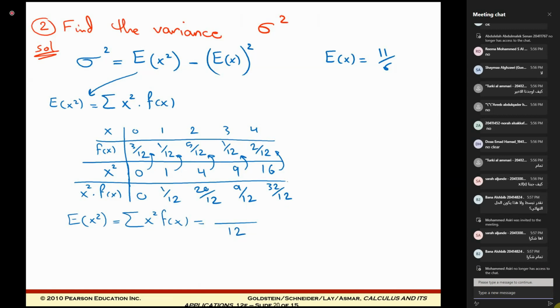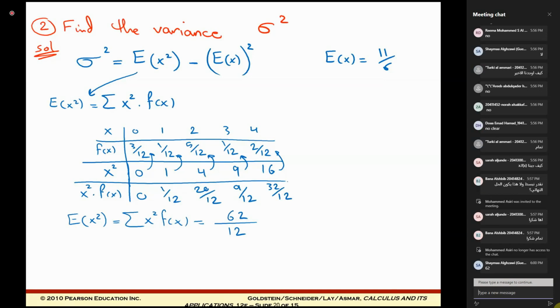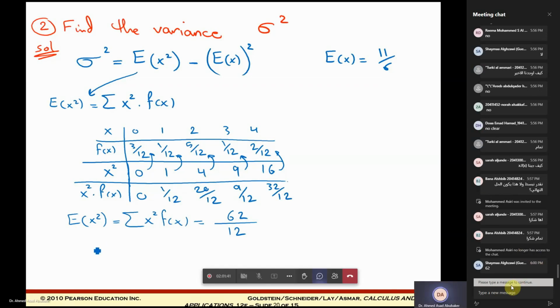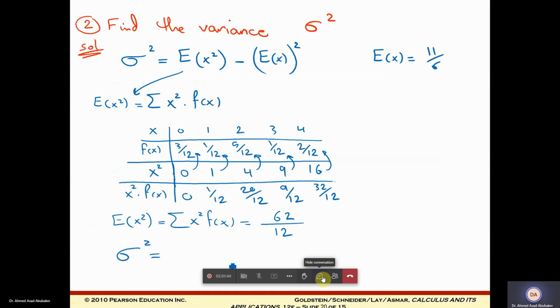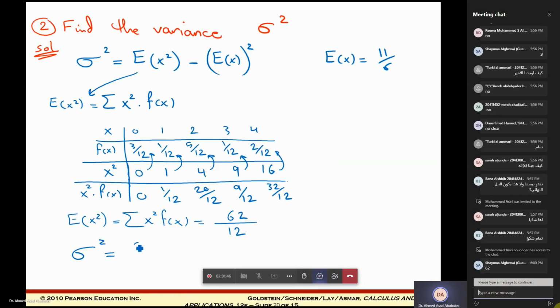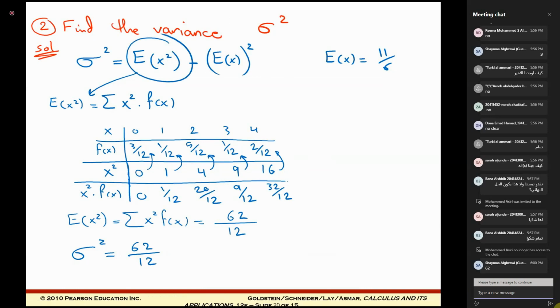So E of X square equals the summation x square times f of x. This equals 62 over 12. Now the variance equals 62 over 12, this is the value of E of X square, minus 11 over 6 all square.